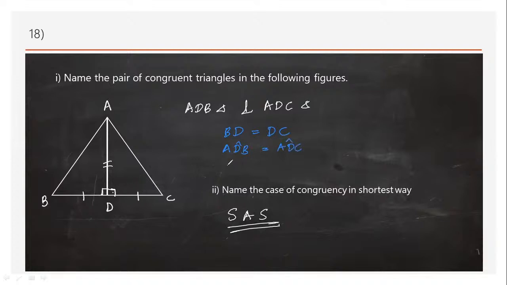Next one, AD equals AD, common side. Now you can see here two sides and one angle. So that's how it becomes the SAS situation. Side, angle, side case.